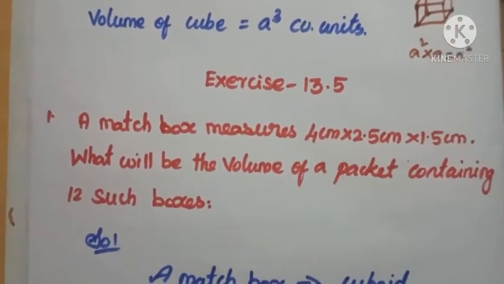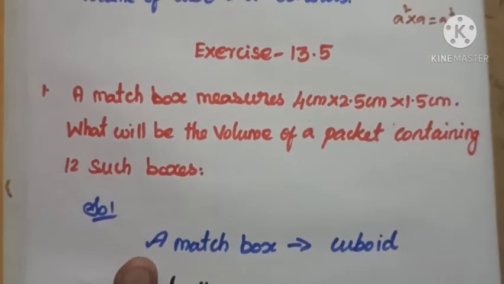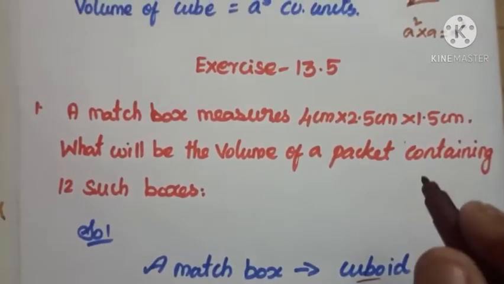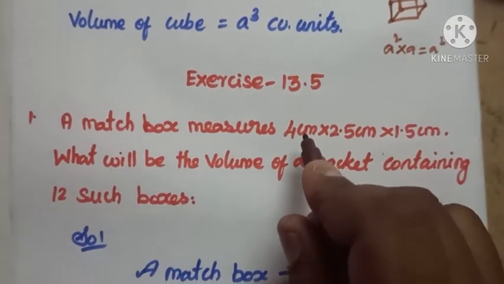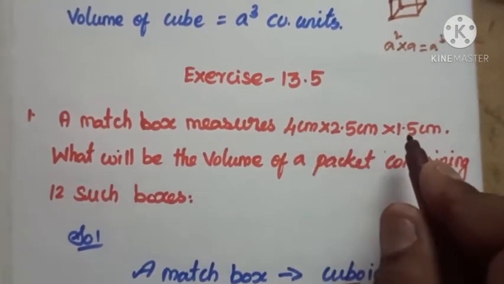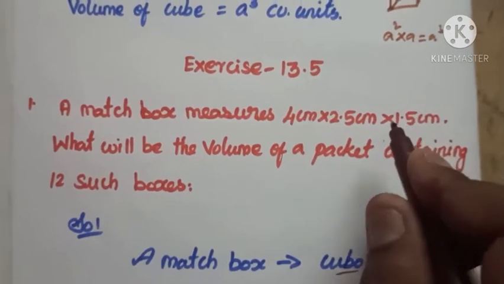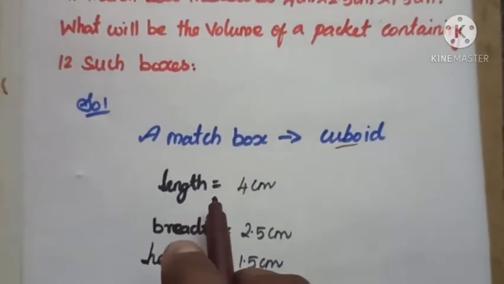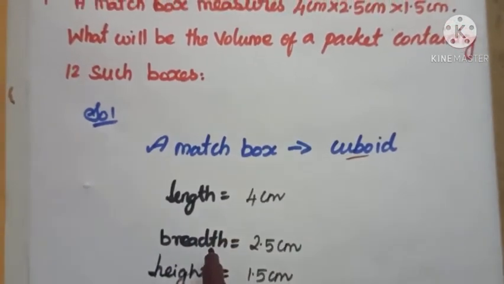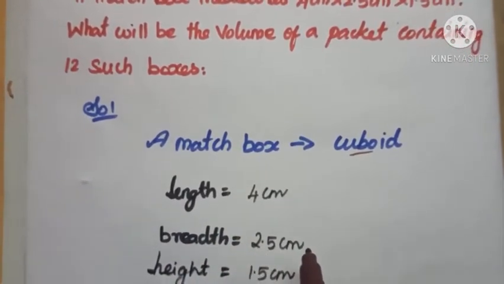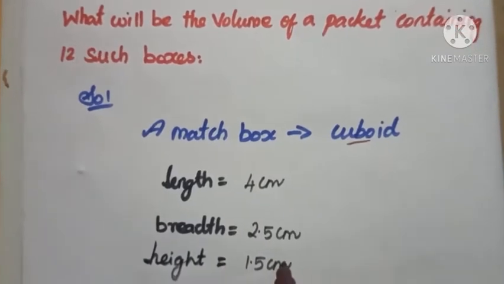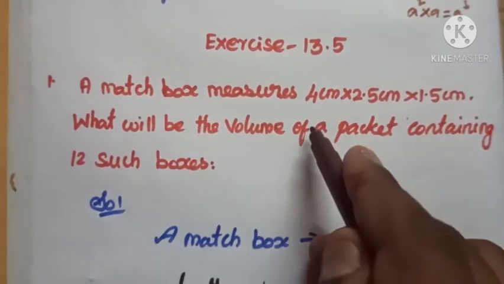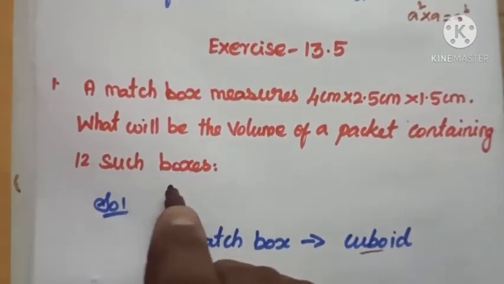Okay, now we move on to the solution. A matchbox is nothing but a cuboid. The dimensions given are 4 centimeter, 2.5 centimeter, 1.5 centimeter, so these are length, breadth, height. That's why I have written like this: length is equal to 4 centimeter, breadth is equal to 2.5 centimeter, height is equal to 1.5 centimeter. What we need to find out is the volume of a packet containing 12 such boxes.